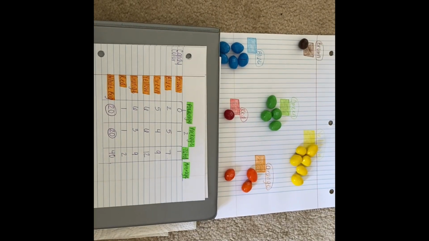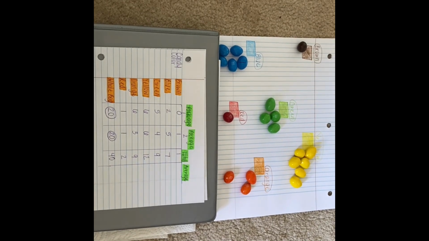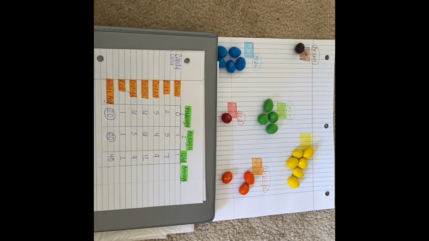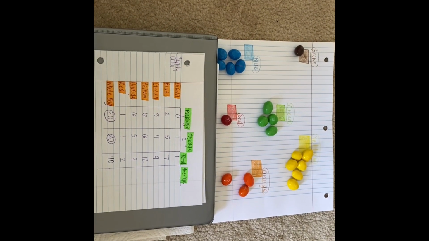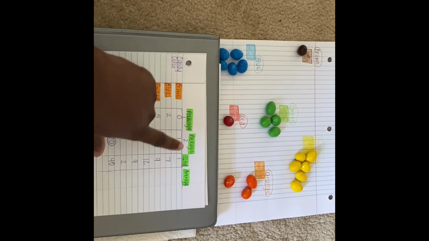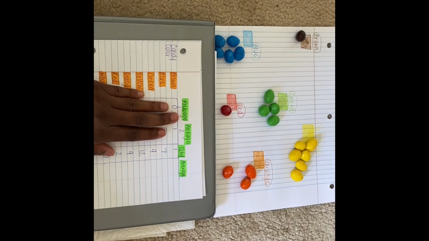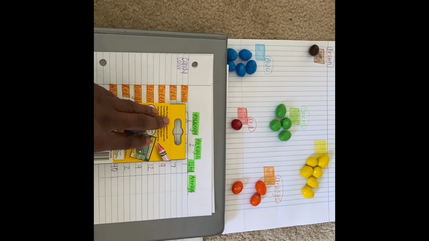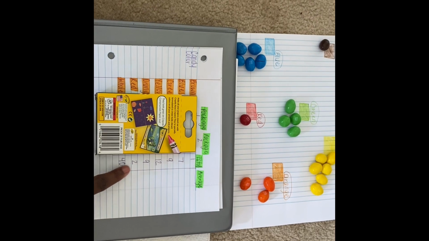Now we're going to see on average how many times the color brown, blue, green, yellow, orange, or red shows up in one package of peanut M&Ms, the yellow bag. We have already totaled our numbers up in this column right here. So we can actually ignore all these other numbers just for now. If anything, we can cover them up so that I don't confuse you, because we're only working with this total column here.